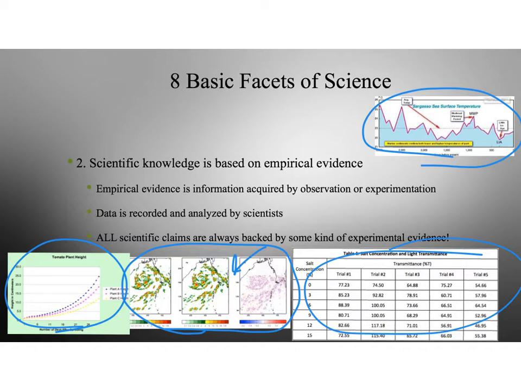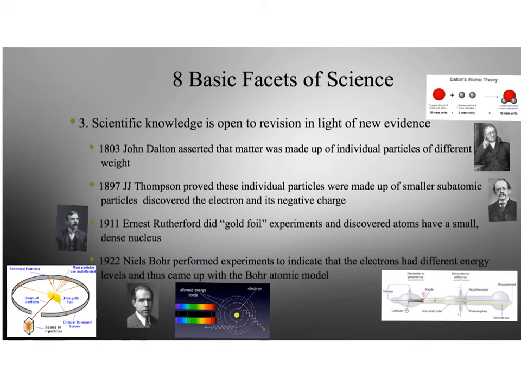All scientific claims are always backed by some kind of experimental evidence or data. So it's super important that whatever observations and measurements you make, you write them down, because that is going to be your evidence to support any claim that you make, whether it's here in class or in the future.